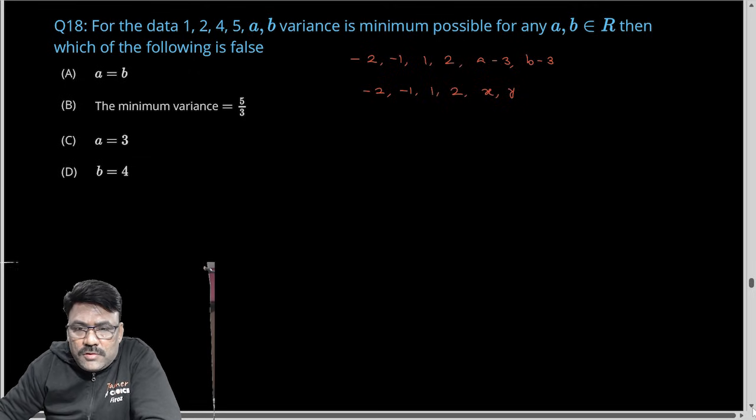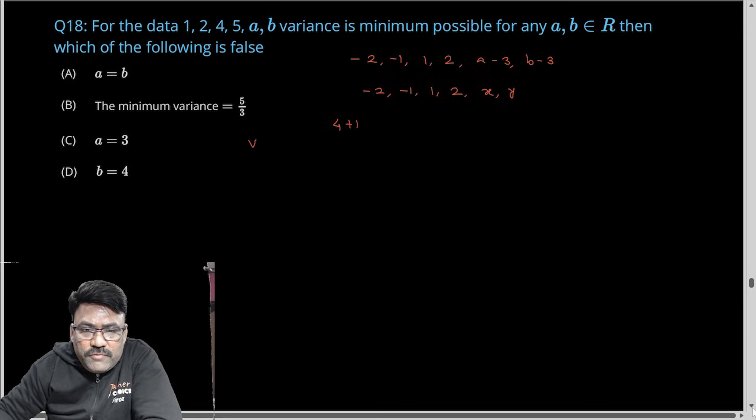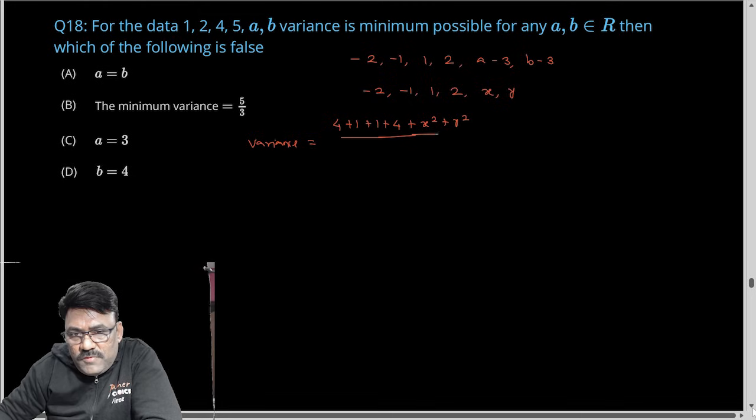Now how will you get the variance here? Variance will be mean of a square minus a square of the mean. So -2 square is 4, -1 square is 1, then again 1, then 4, then x square plus y square by 6. This is mean of a square minus a square of the mean.